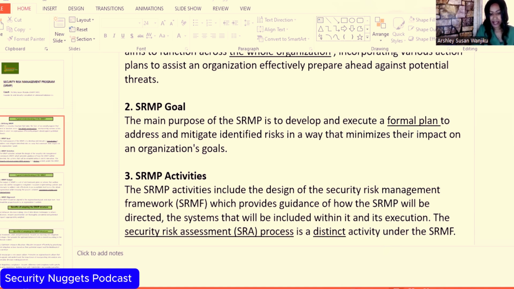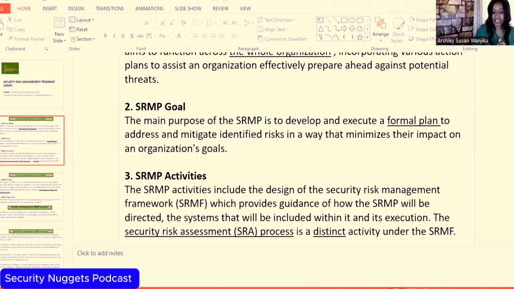The SRMP activities include the design of the security management framework, which provides guidance of how the SRMP will be directed, the systems that will be included within it, and its execution.